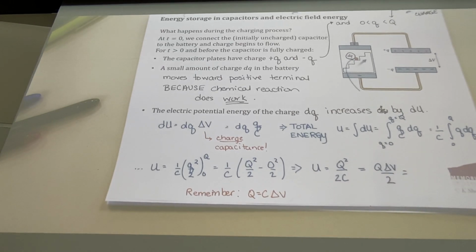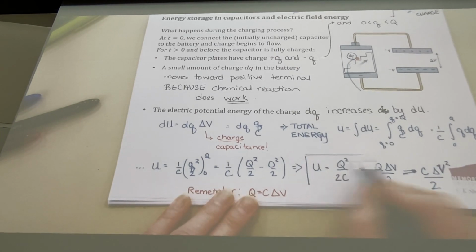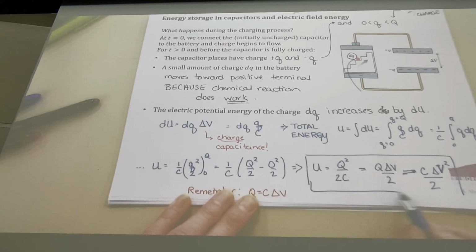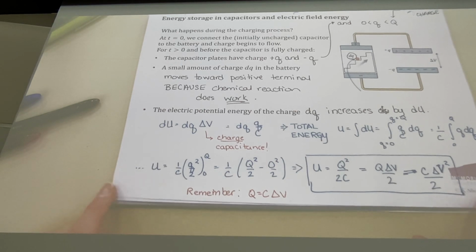And if we put in that delta V is Q over C, we also get C delta V squared over 2. So there's the expression for the total amount of electric potential energy stored between the plates of a capacitor when it's fully charged. Okay, any questions?